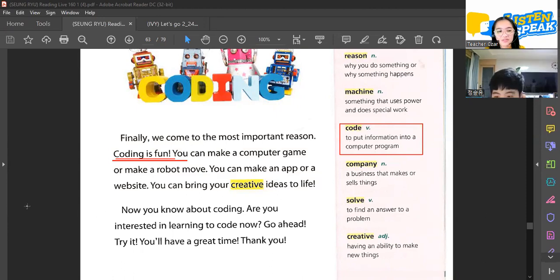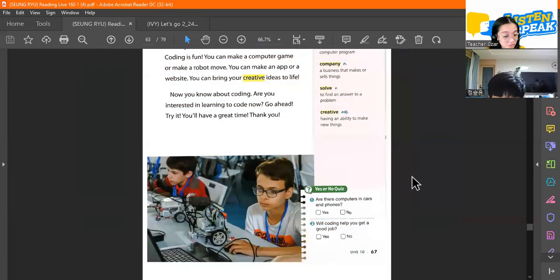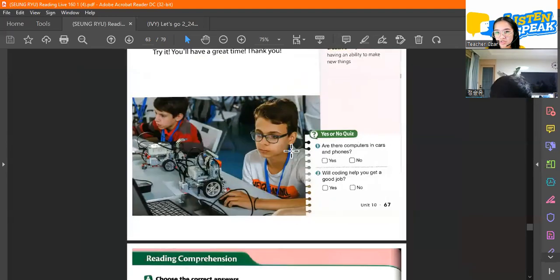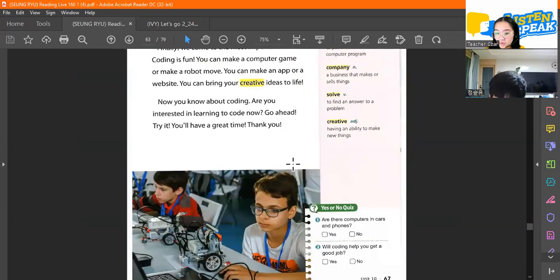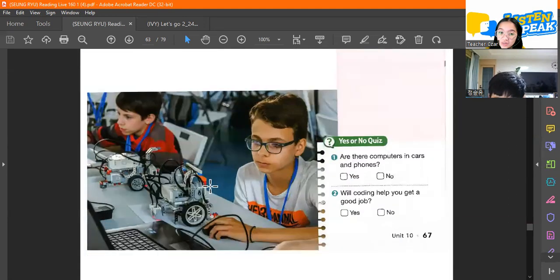Now, if you don't have any more questions here, let's try to move on to the yes or no quiz. But before that, as you can see here, those boys know how to code using some numbers or some information using a computer program. Again, if you know how to code, you can also make a robot move.